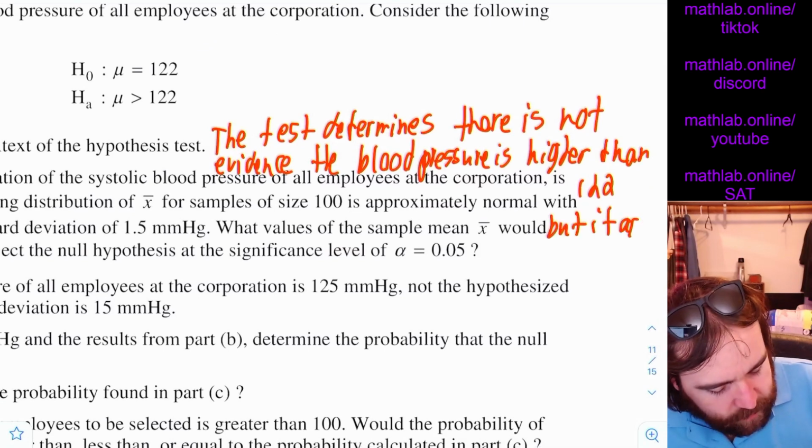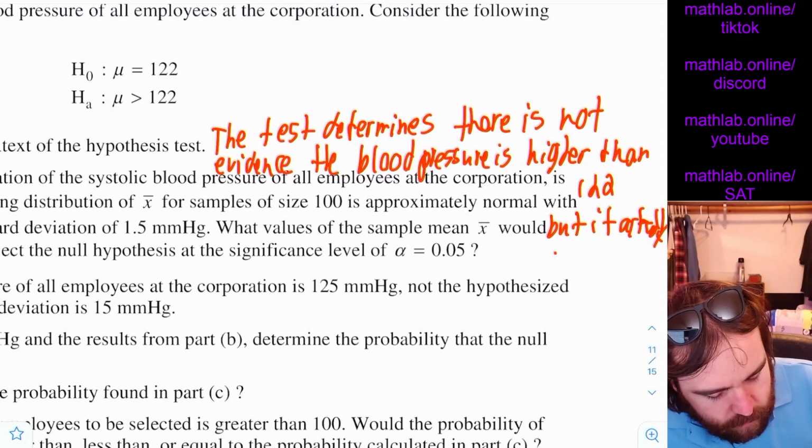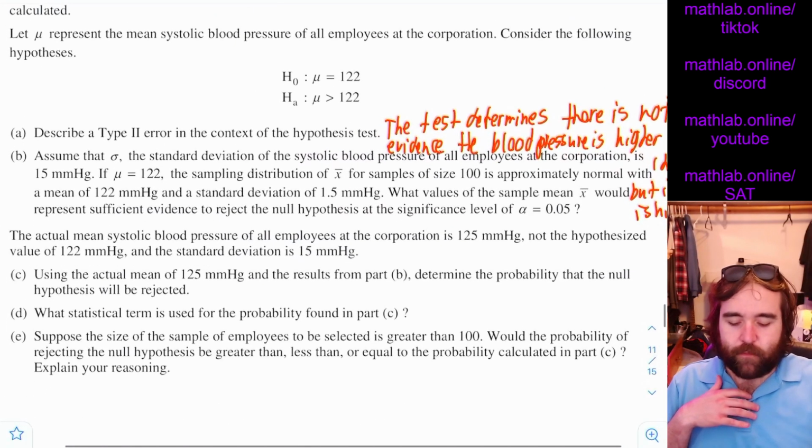But it actually is higher. Yeah, that's the idea of a type 2 error.